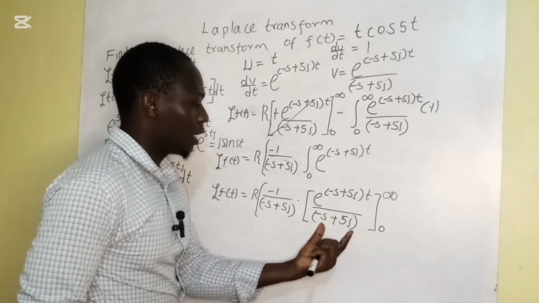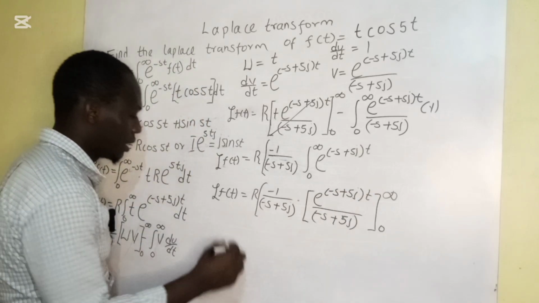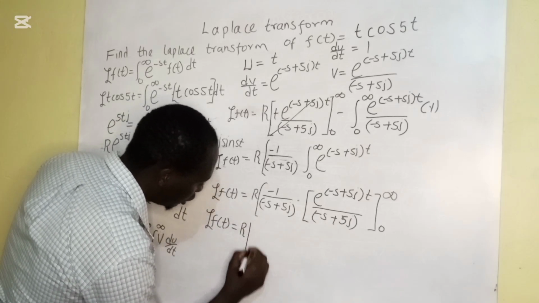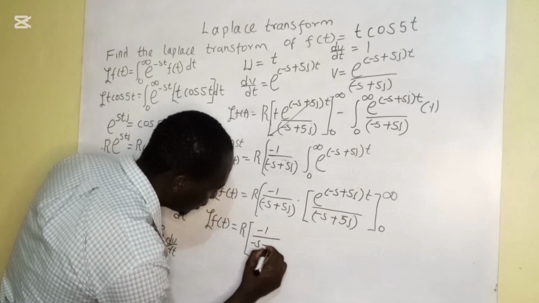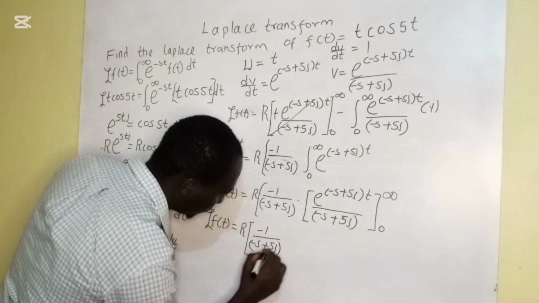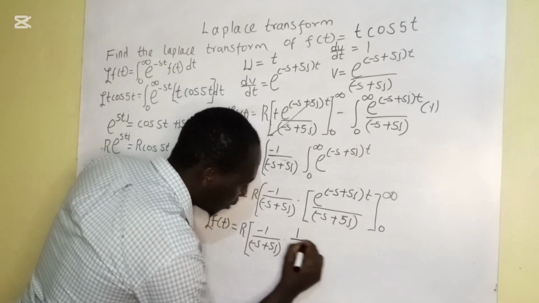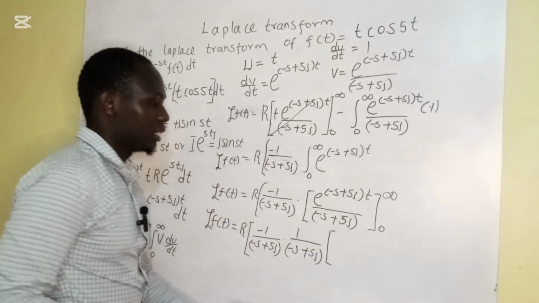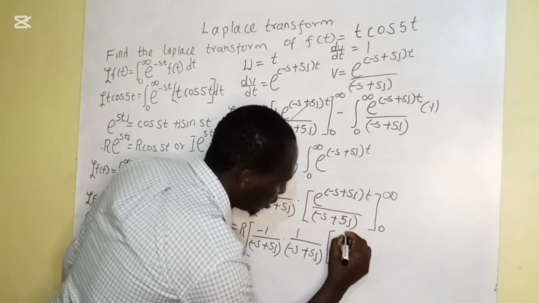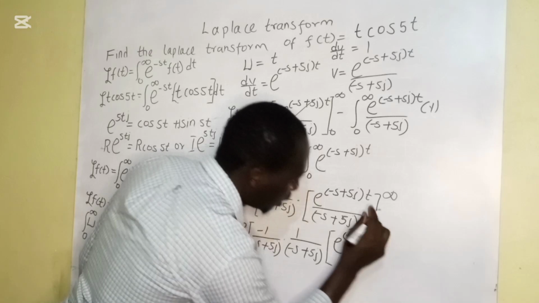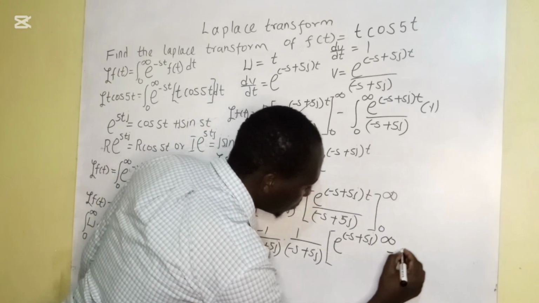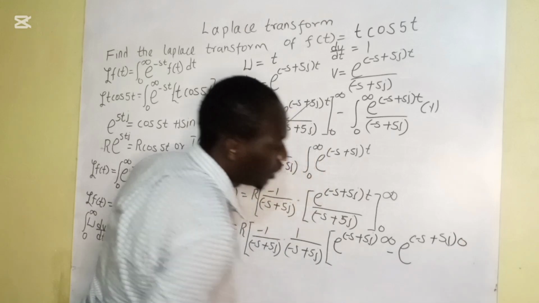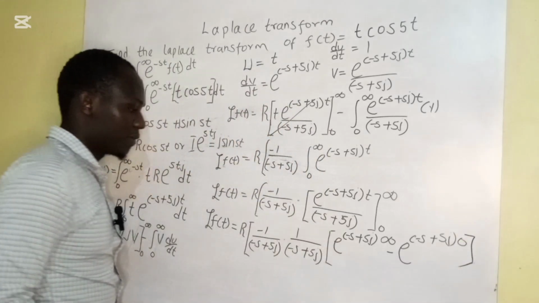At this point, we can factor out our denominator here and insert our class limit, whereby we are going to have the Laplace transform of our function f of t is going to be equals to r into negative 1 all over negative (s + 5j), we come and multiply by 1 all over negative (s + 5j), and lastly we are going to insert our limit, whereby we are going to have exponential negative (s + 5j), our term of t, we insert our upper class limit, we subtract from exponential negative (s + 5j), we multiply by the lower class limit to the term of t after inserting.